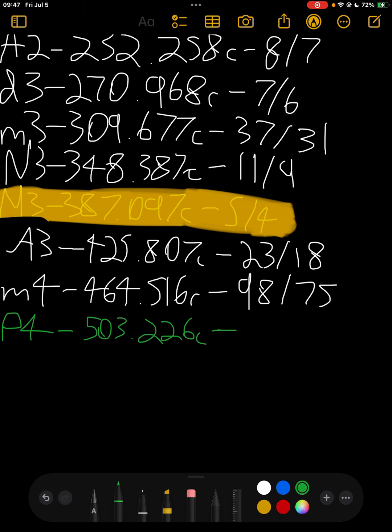And it seems that 4 to 3 is just a little bit too far off. Let's try that.